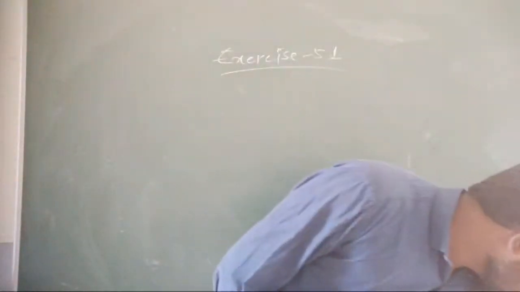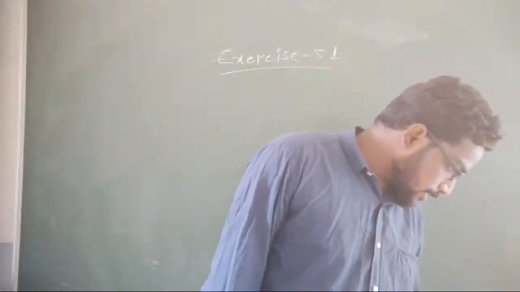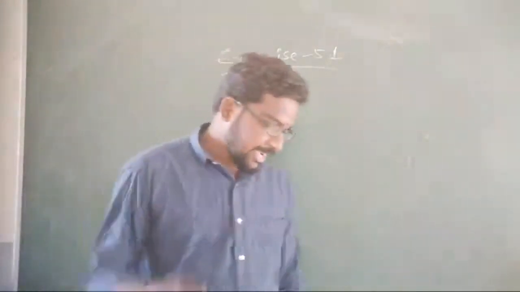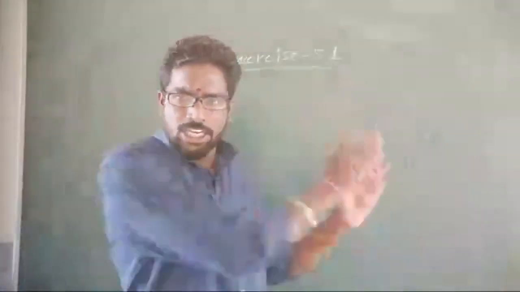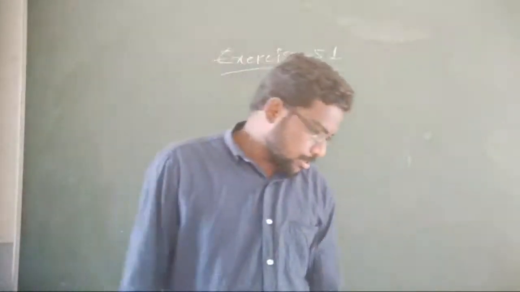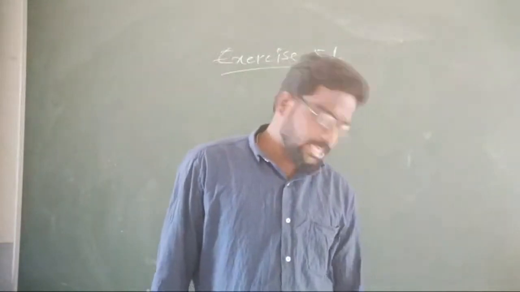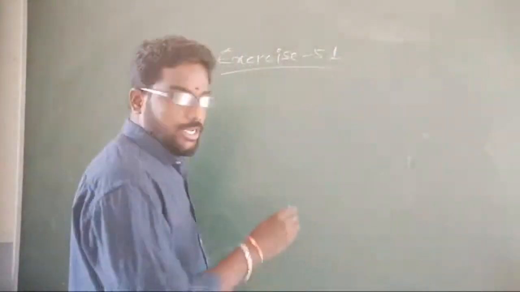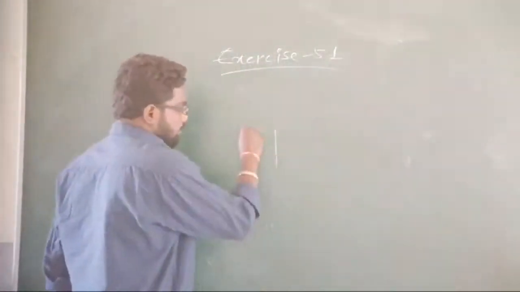Next, why is it better to use a divider than a ruler while comparing two line segments? Okay, the question is that. Second question, okay, first question over. Leave it. Come to the next question. The question is why is it better to use a divider than a ruler while comparing two line segments? For example, I have two line segments like this.